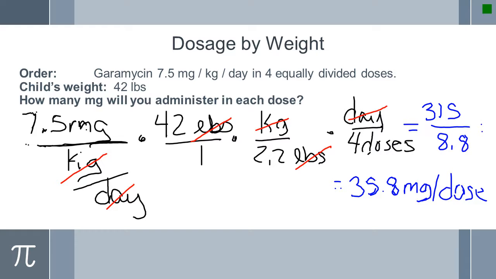So then when I take the 315 and divide that by 8.8, I'm going to get 35.8 milligrams per dose. Sorry, 35.8 milligrams per dose.